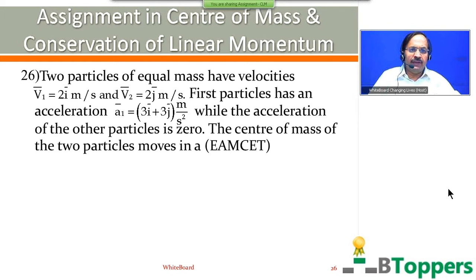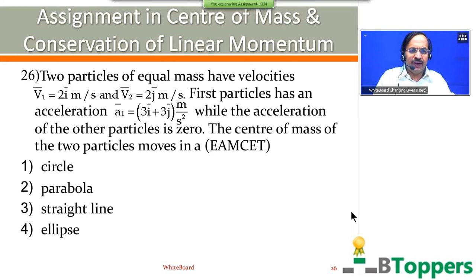The first particle has an acceleration a1 equal to 3i plus 3j meter per second squared, while the acceleration of the other particle is 0. The center of mass of the two particles moves in a... Four options are shown on the screen. First option circle, second option parabola, third option straight line, fourth option ellipse. Come on, try the question.